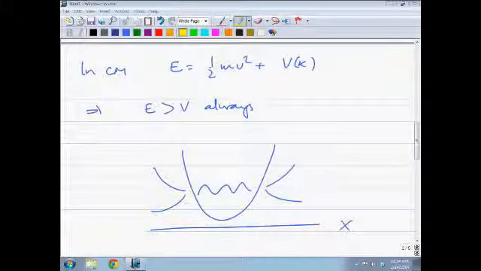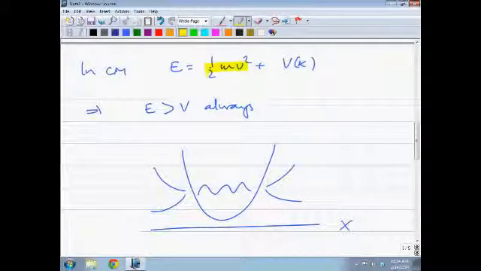Now, a word on this business of classically allowed and classically forbidden. In classical mechanics, the energy is 1/2 mv squared, the kinetic energy, plus the potential energy. The first term is always positive for classical motions, where the velocity is real and its square is necessarily positive.